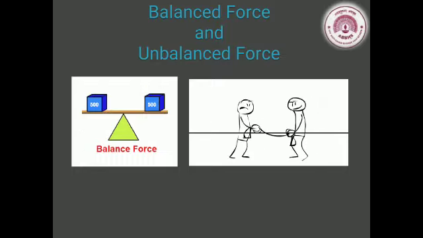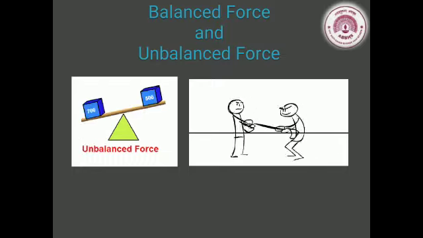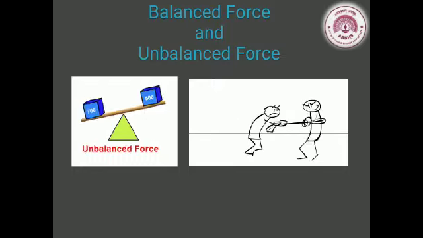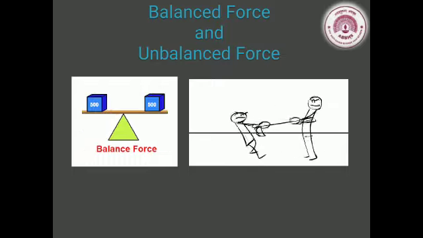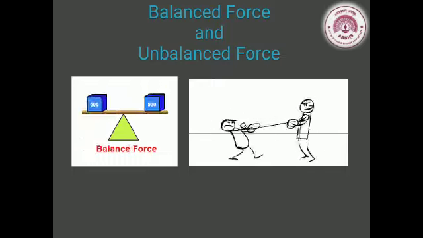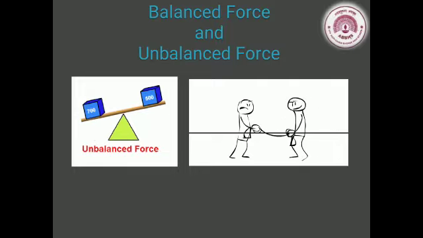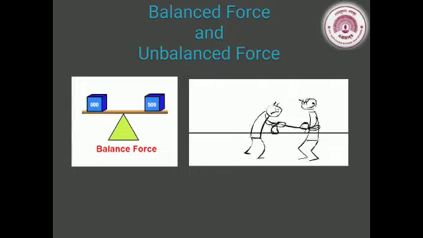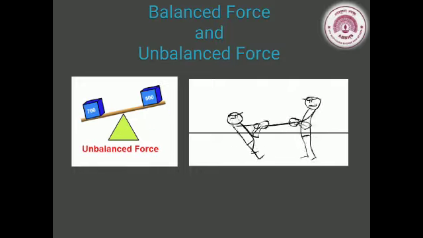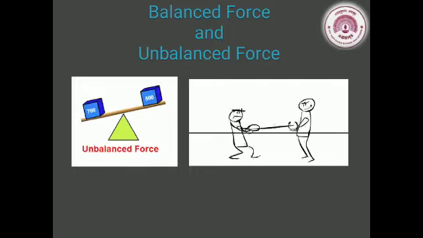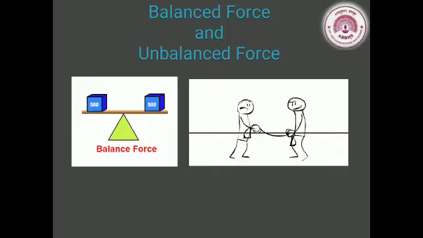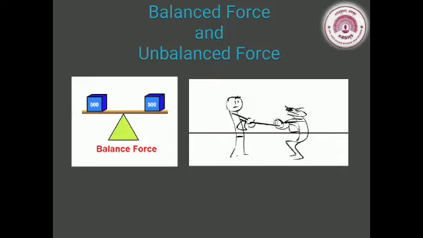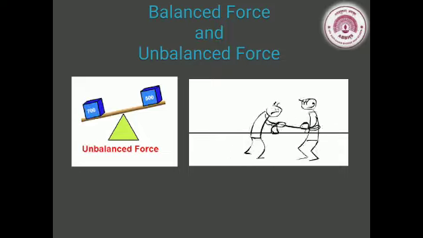Balanced force and unbalanced force. See the pictures. What do you observe? When equal masses are kept on either side, equal gravitational force acts on the masses. This means balanced forces act on the box with effective force equal to 0, as these are acting in opposite directions.